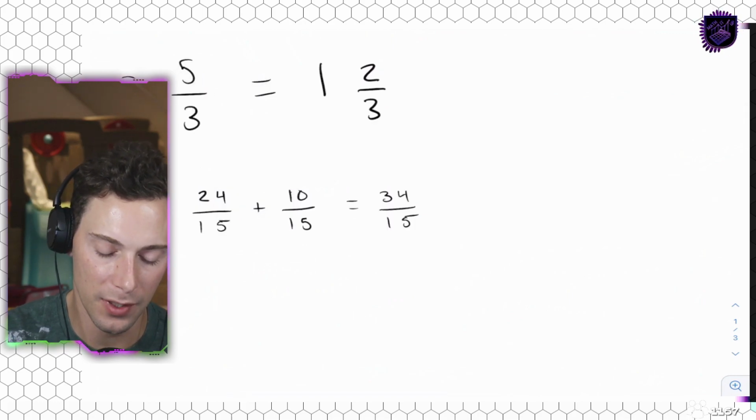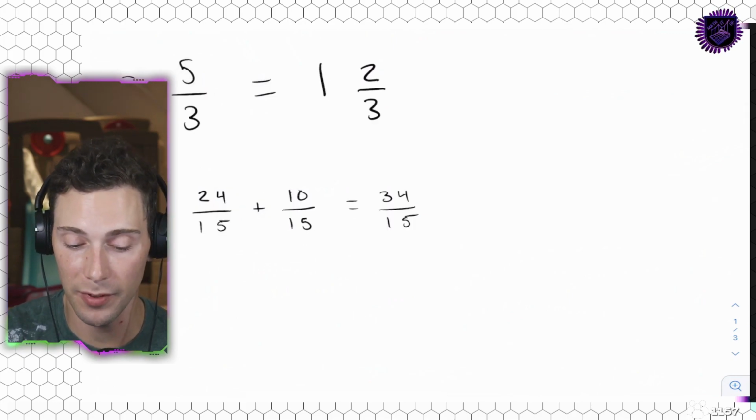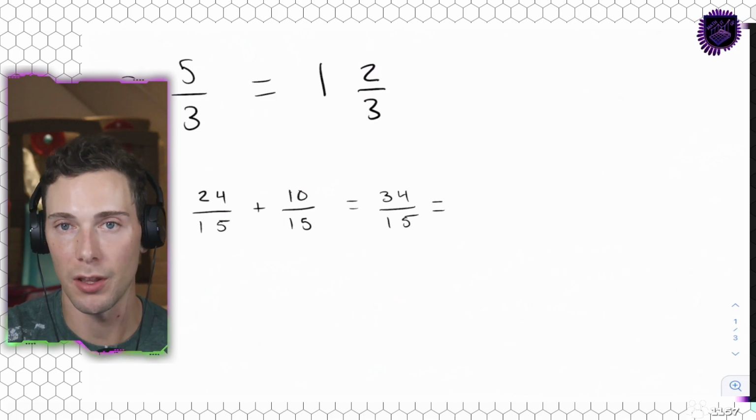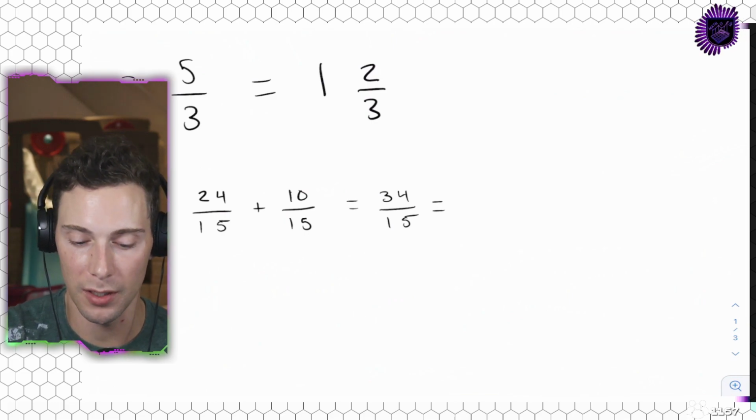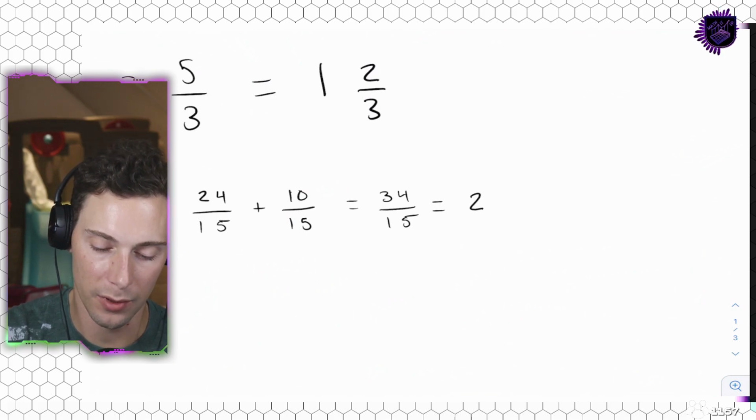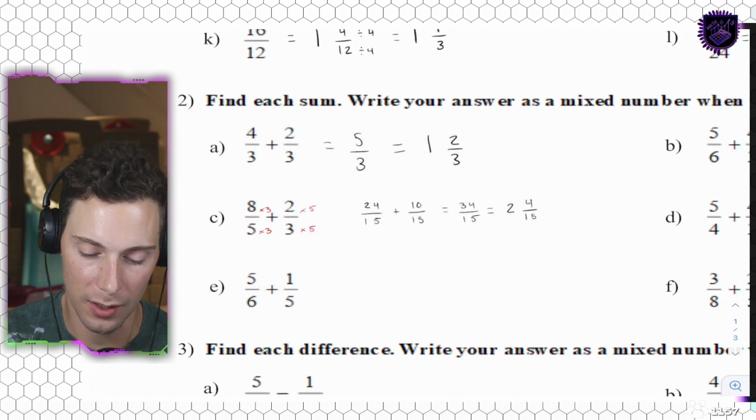So 34/15. I can take 2 whole groups of 15 from there. 15 plus 15 is going to be 30, and 34 minus 30 is going to be 4. So 2 and 4/15. That's my answer, 2 and 4/15.